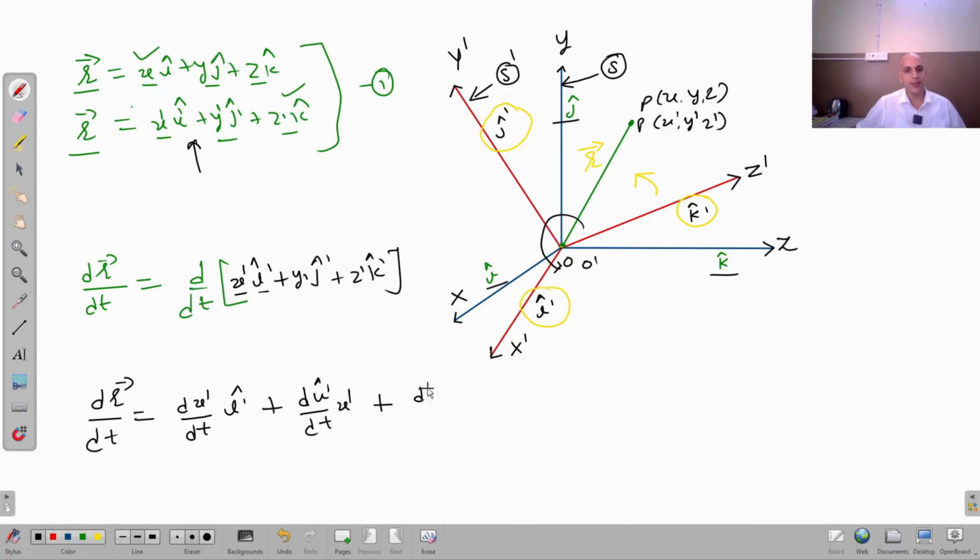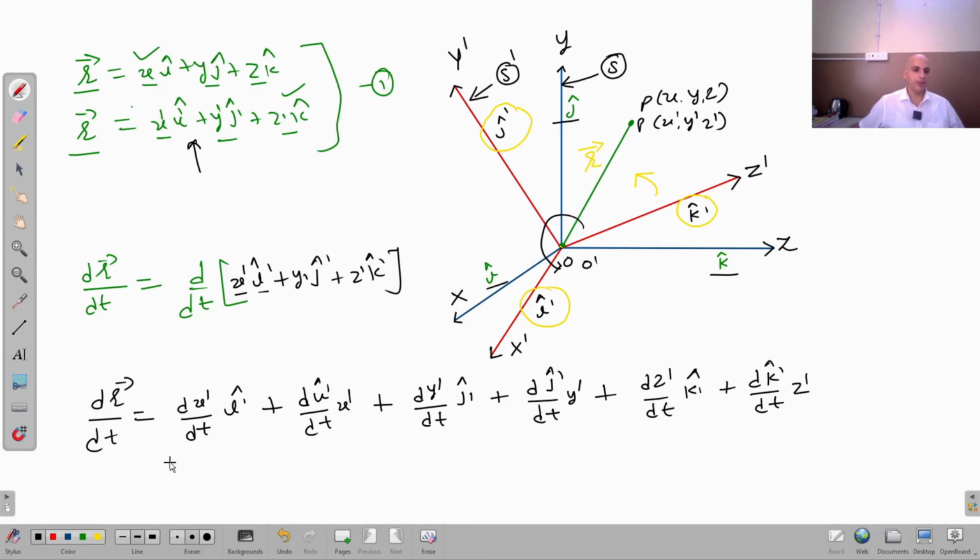Similarly, dy dash upon dt times j dash, plus dj dash upon dt times y dash, plus dz dash upon dt times k dash, plus dk dash upon dt times z dash.